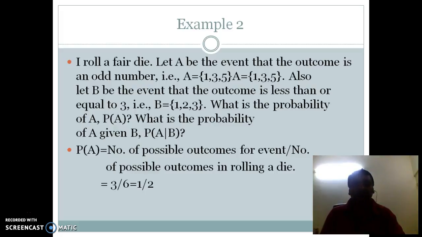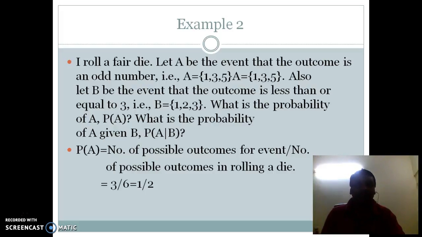Let's see another example. This time we'll see a quantitative example. I roll a fair die. Let A be the event that the outcome is an odd number, that is, A is equal to {1, 3, 5}.